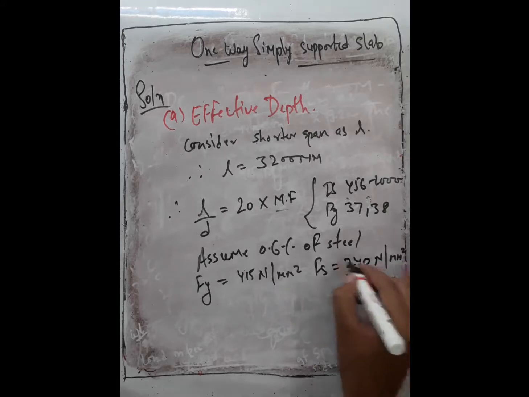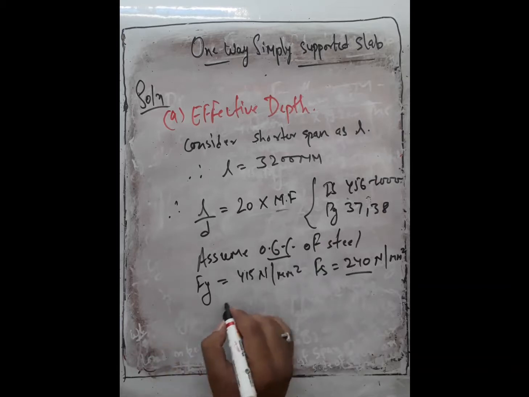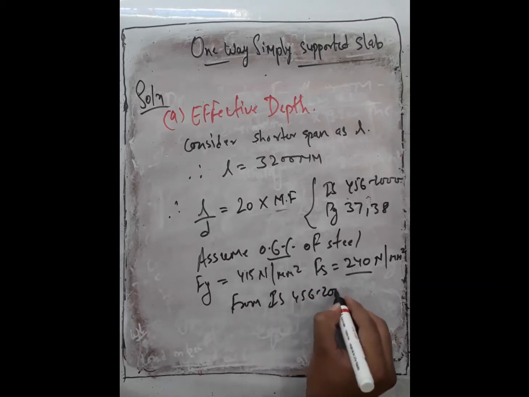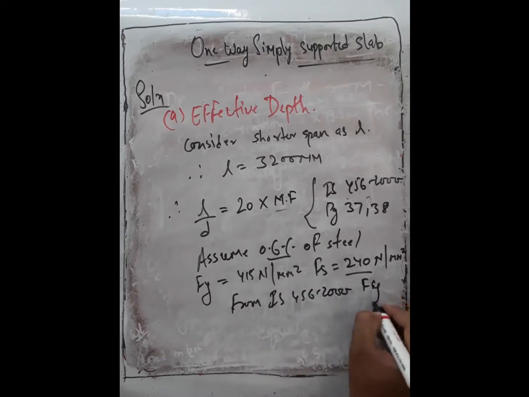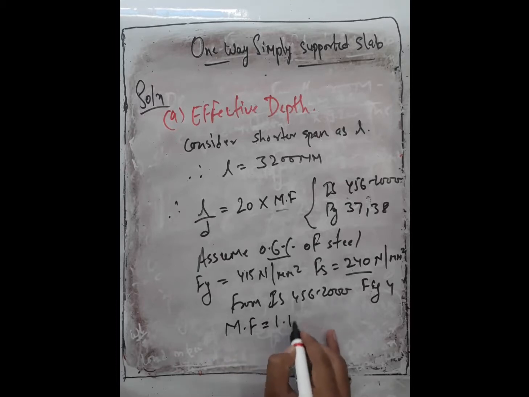So with this value and this value we find the modification factor. When we go through IS 456 2000 figure number 4, from that we find that the modification factor is equal to 1.15.